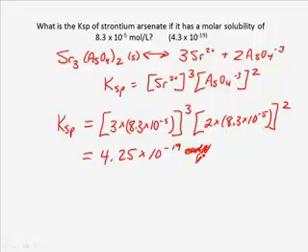Okay, the biggest thing I think that people seem to have problems with in these is just realizing that when you're finding the concentration of the ions in terms of the solubility of the whole thing, you're going to include that factor, like in this case that we get 3 strontiums for every one of the whole thing.